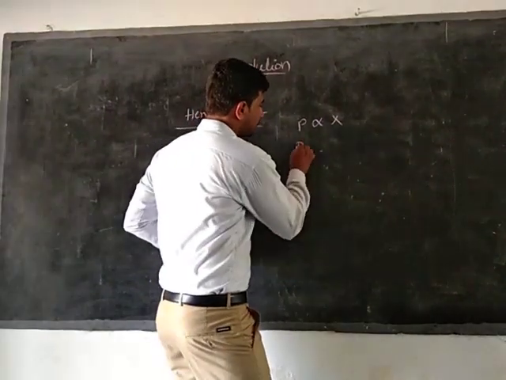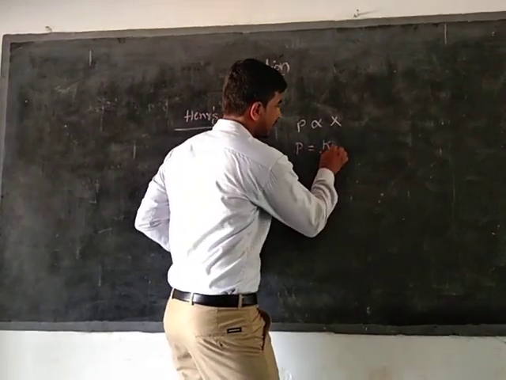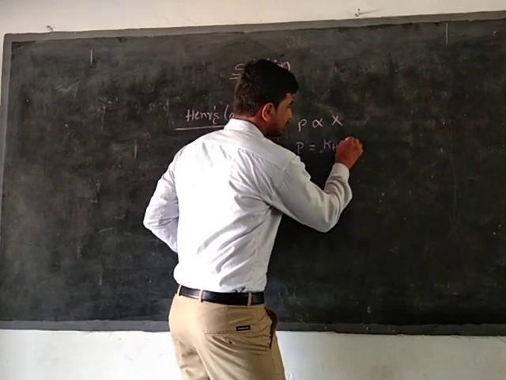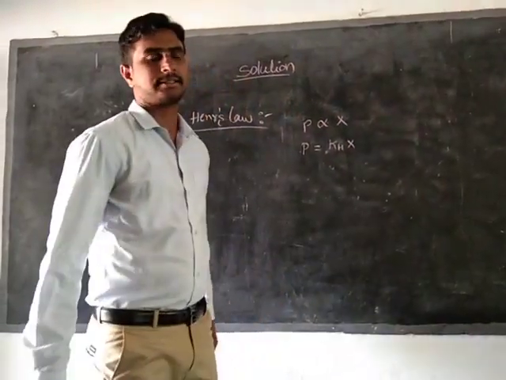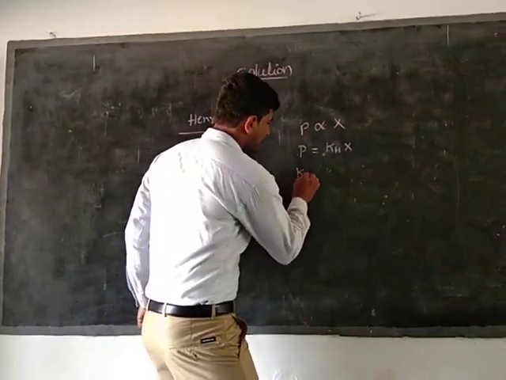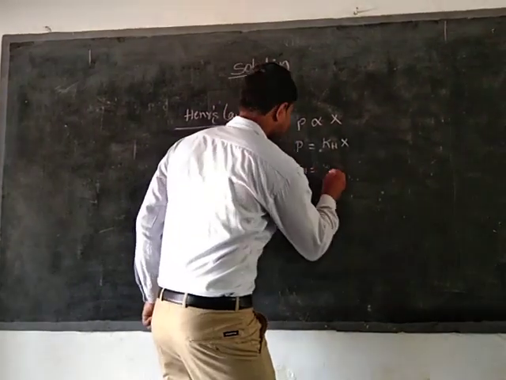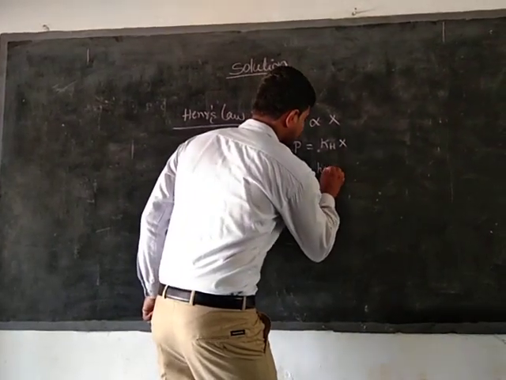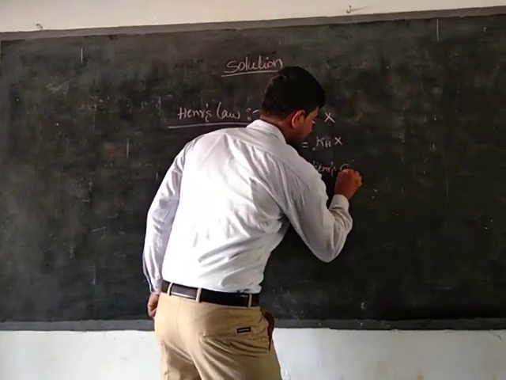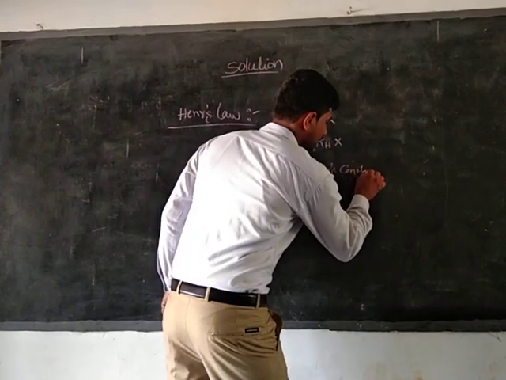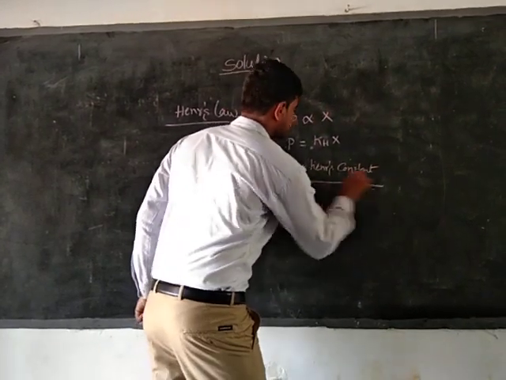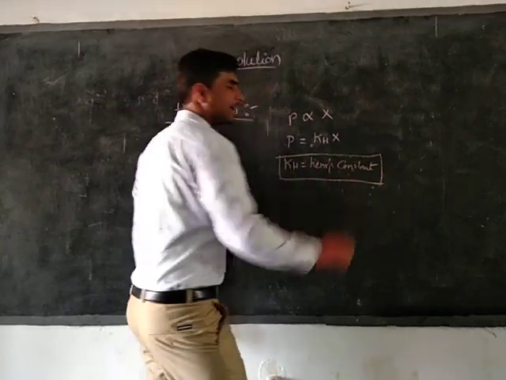So P equals KH times mole fraction, where KH is Henry's constant.